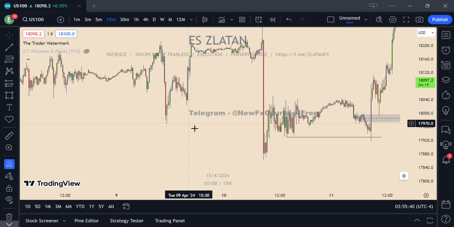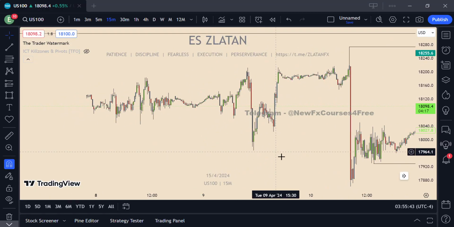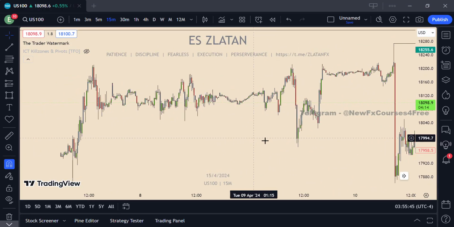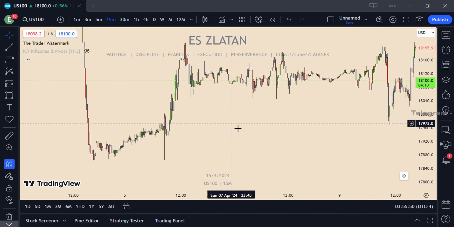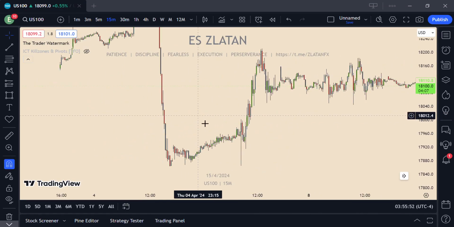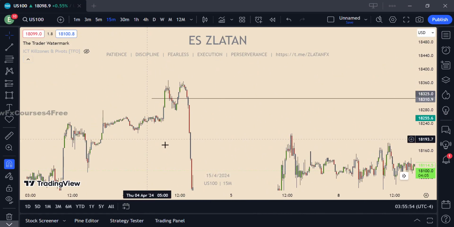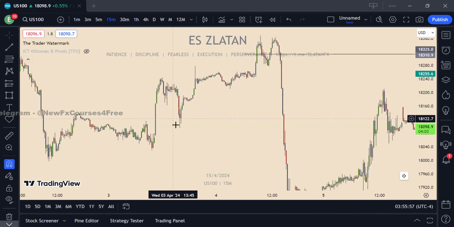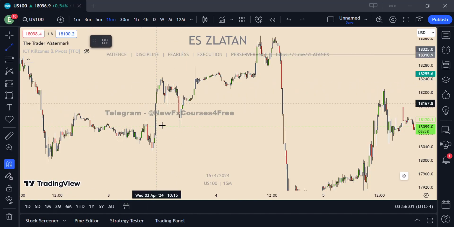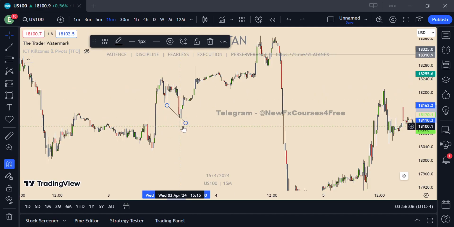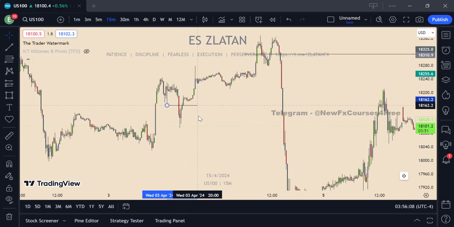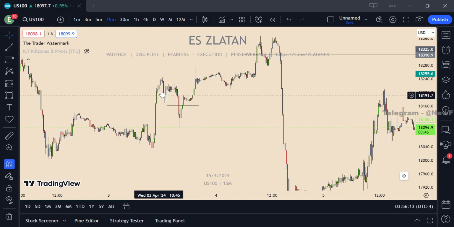Let's look at one more example. A sweep into a fair value gap right here. You can see the big gap.